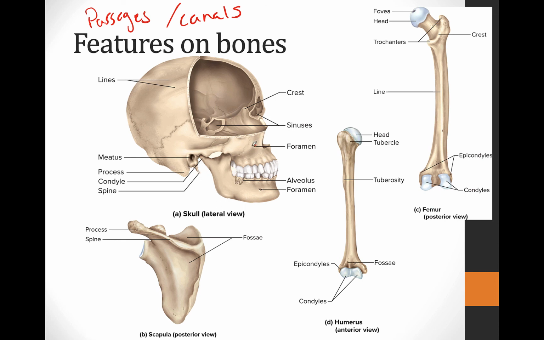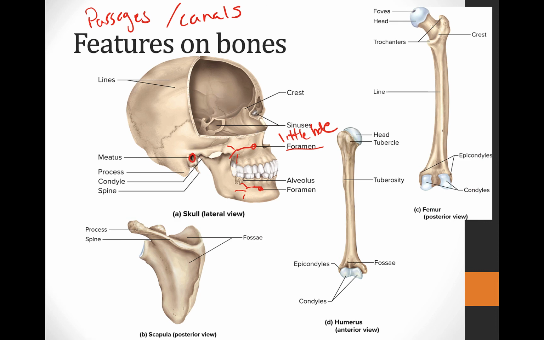So here's a foramen, and foramen means little hole. So foramen are typically very small passages, and these are going to be allowing for nerves to pass through the bone to get to other tissue. Where's my nerves? A meatus is kind of a larger canal. So this is the meatus that allows for your external ear.